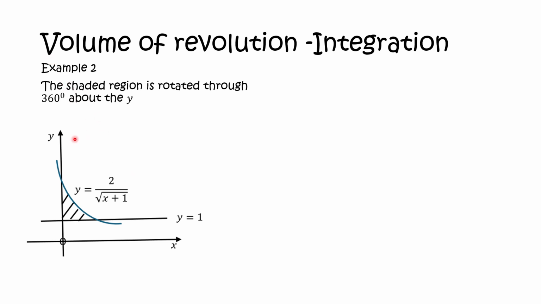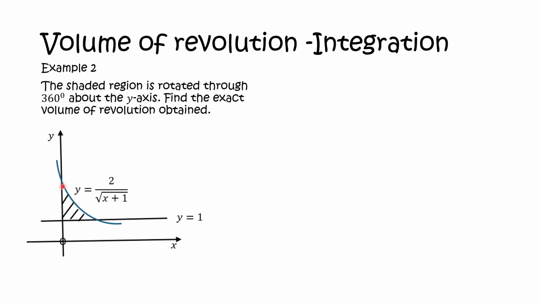So we are given the shaded region here, which is rotated 360 degrees about the y-axis. Of course, it's not shown, but we have to imagine it. Find the exact volume of revolution obtained. So in this case, we can see that we have one y value and the other one is an intersection, which we do not have.